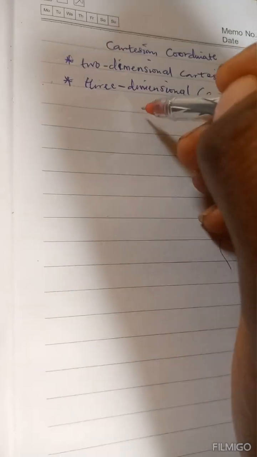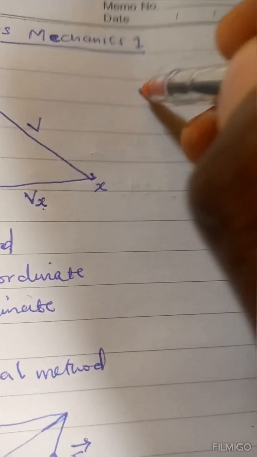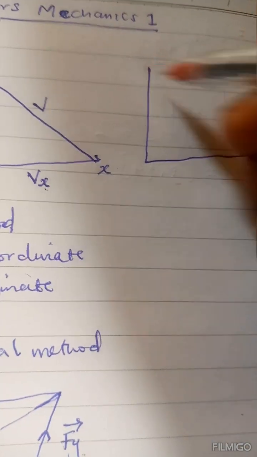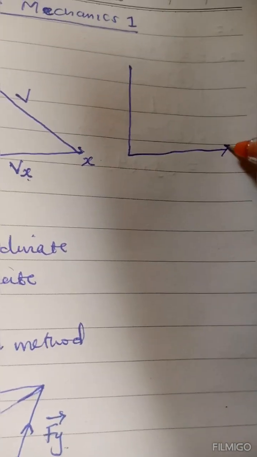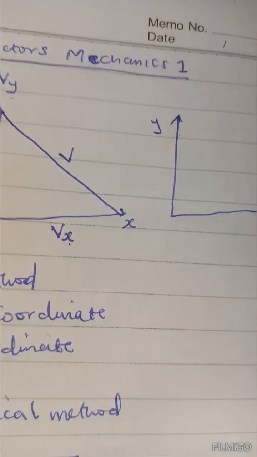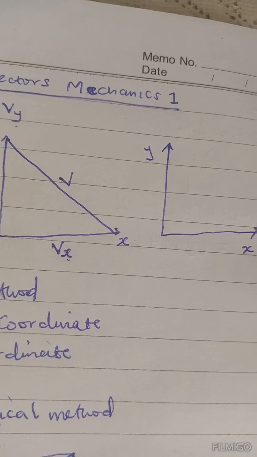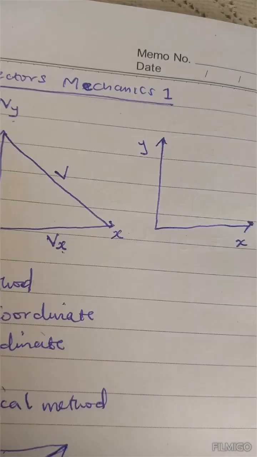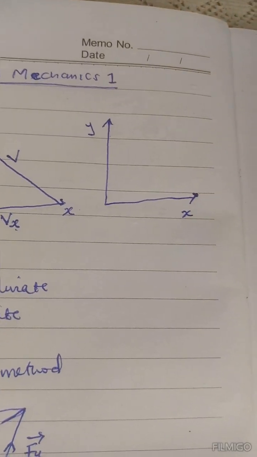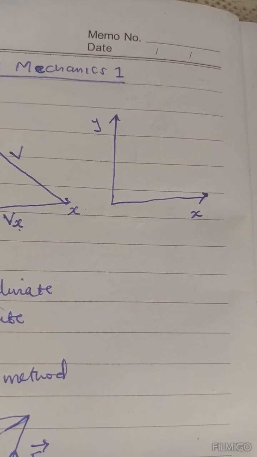Okay, so let me use a diagram. If we have an x-axis, a Cartesian plane x, and this is y, now in this form, this is two-dimensional Cartesian coordinates.